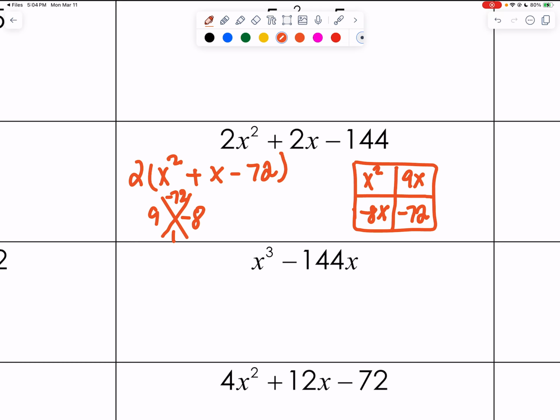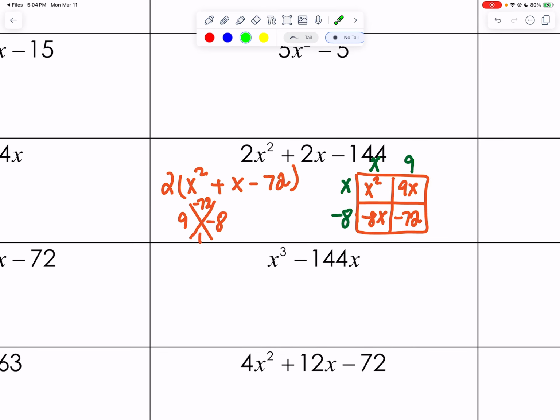All right, I am going to find the GCF of each column in each row. This is going to give me x right here. This right here is going to give me 9. This right here is going to give me x. And this right here is going to give me negative 8. Once again, always check your work. Multiply this out if you need to see that it works, okay?